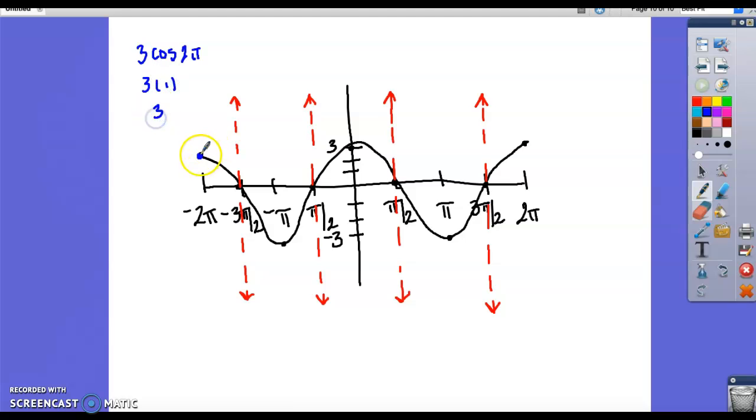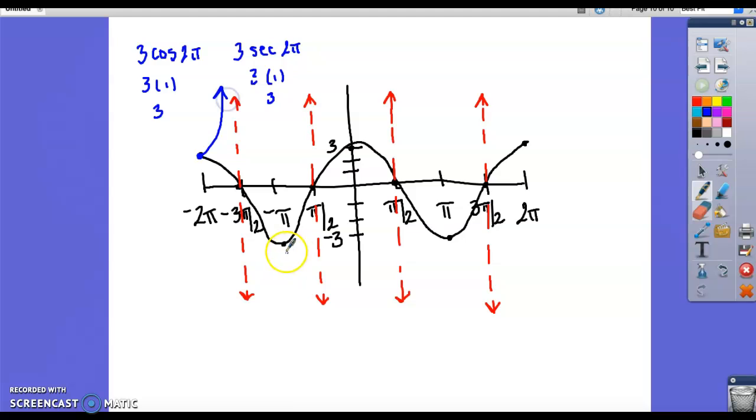And 3 times 1 is 3. Okay, if the cosine of 2 pi is 1, secant is the reciprocal of that, and the reciprocal of 1 is 1, so that means it's also 3.